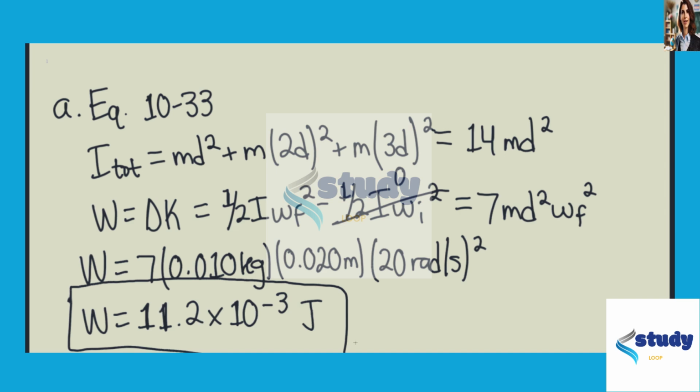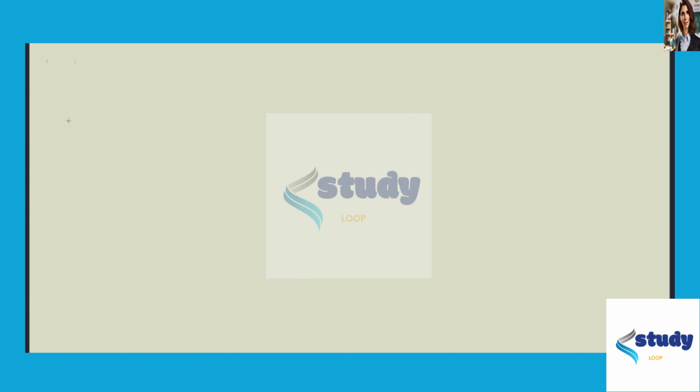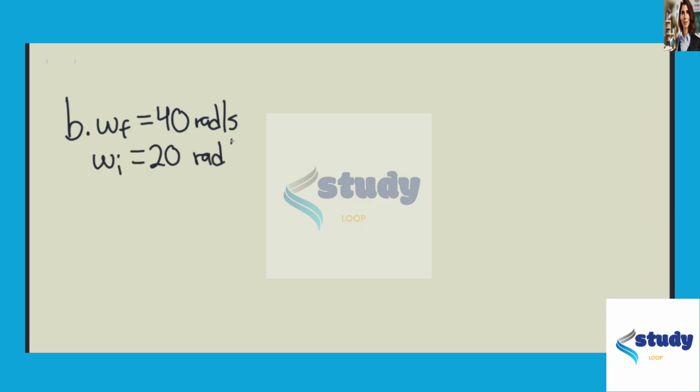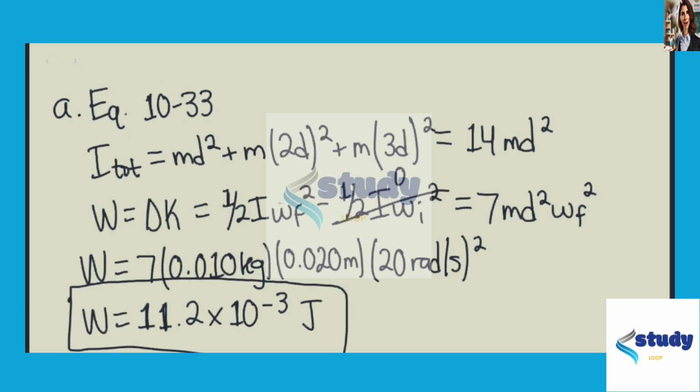Now, for part B, we can say that omega final equals 40 radians per second, and omega initial equals 20 radians per second. So now we can use the exact same equation, however, we can't eliminate this term.